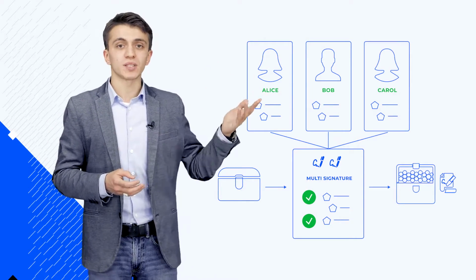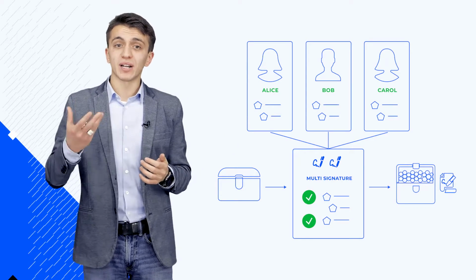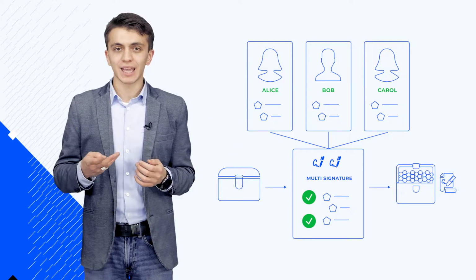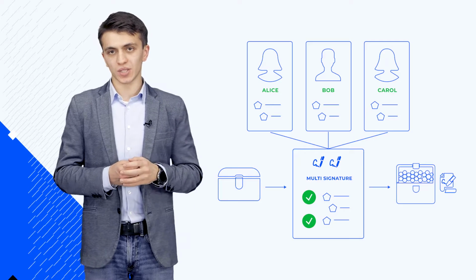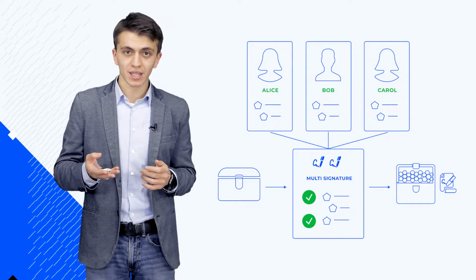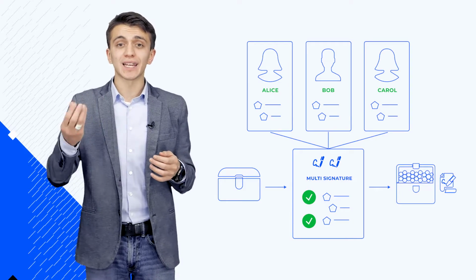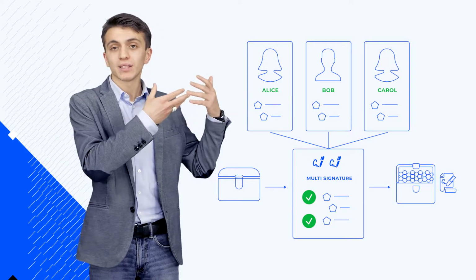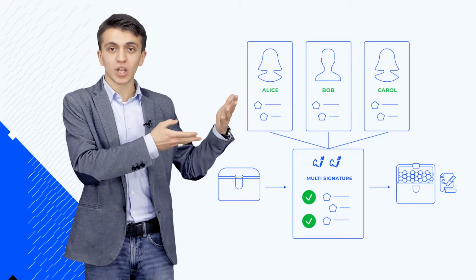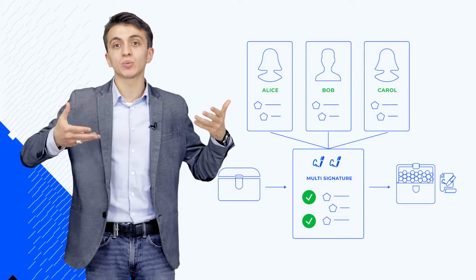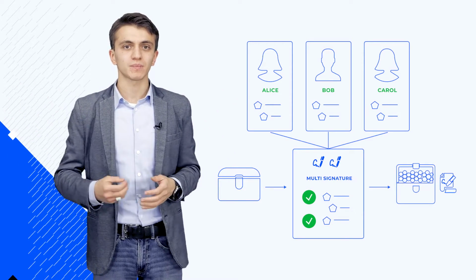We will take 3 as our case. To withdraw funds from the multisig account, at least 2 out of 3 signatures are required. So we will require two persons to sign a transaction, and only after that will the blockchain be able to perform an outgoing transfer transaction.